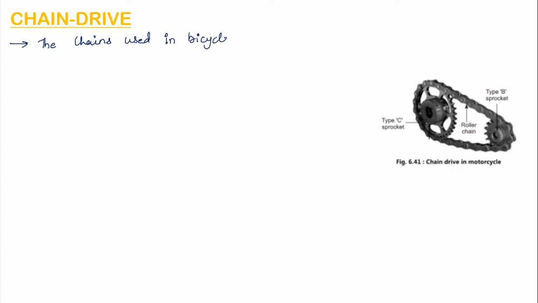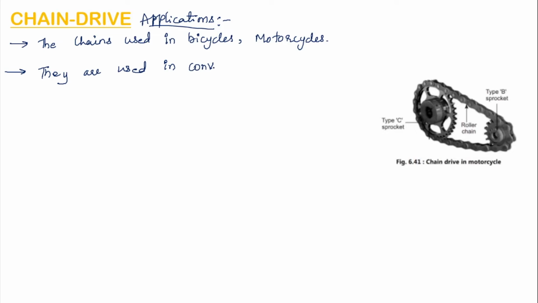They are used in bicycles and in motorcycles. Applications of chain drives: they are used in conveyors, and they are used in rolling mills.